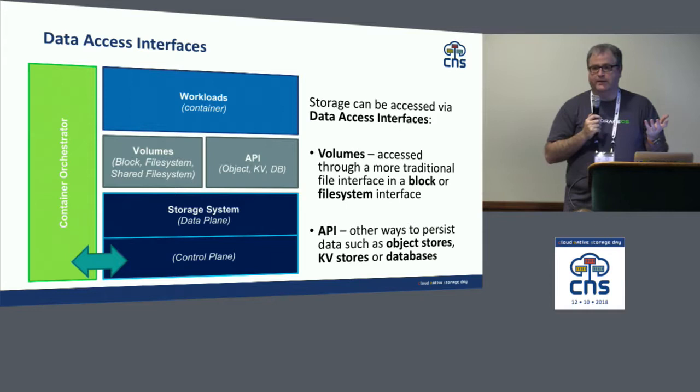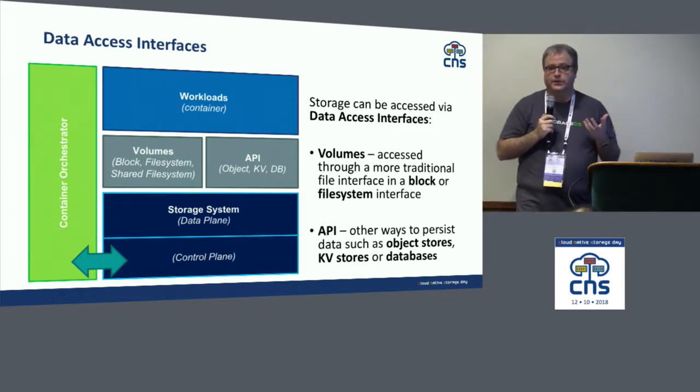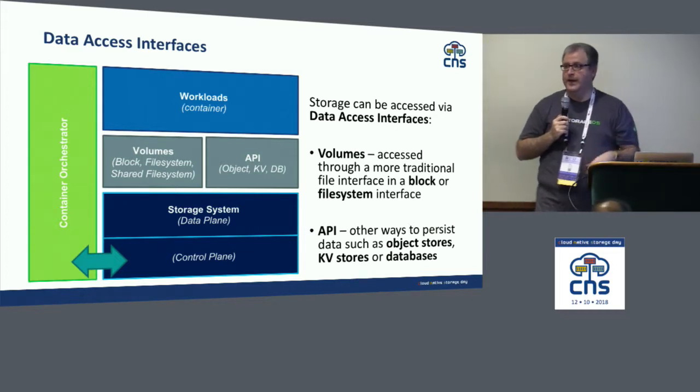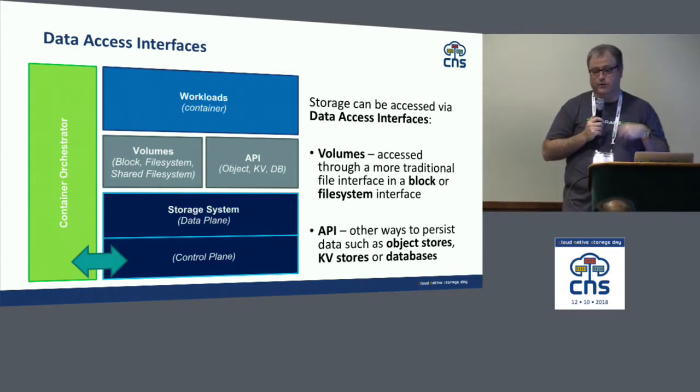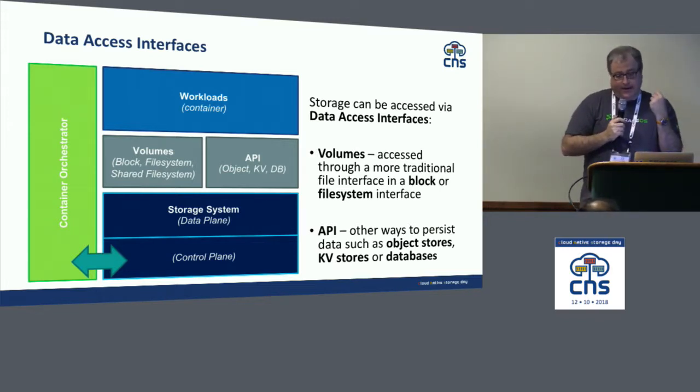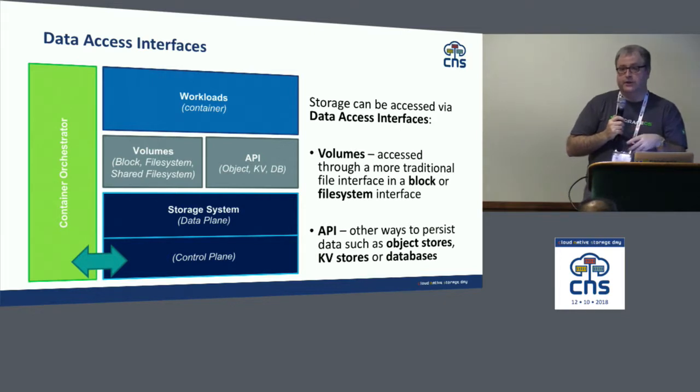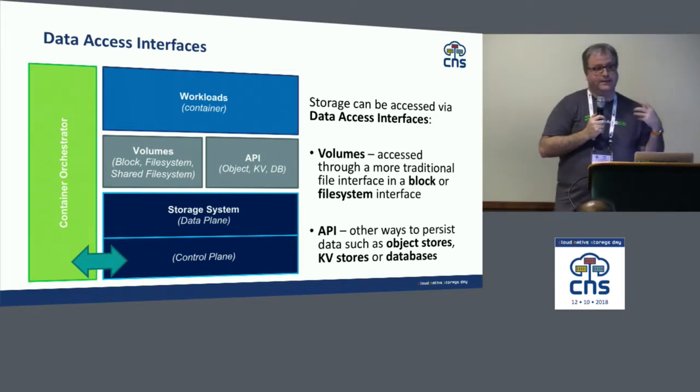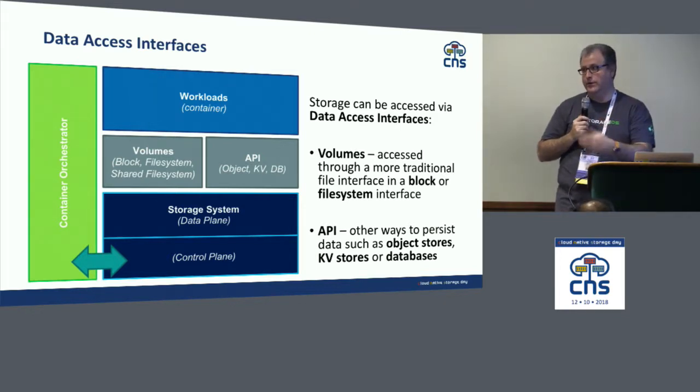So volumes might be the thing that a lot of people are familiar with in terms of actually having a file system or a block store or perhaps a shared file system like NFS, where you're actually storing files somewhere. And this can be used for your databases perhaps, or web services, or in fact anything that needs a file. API storage is storage where you're accessing that as a service over the network.